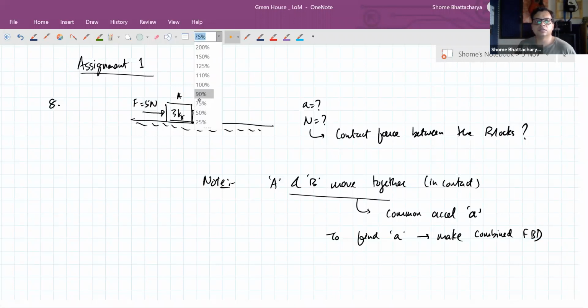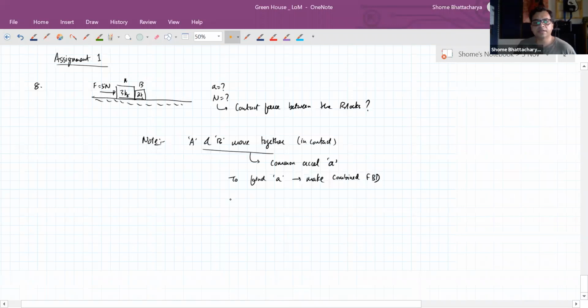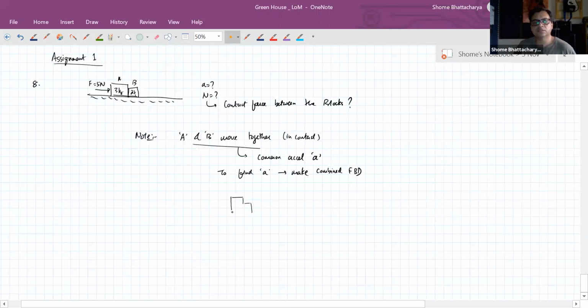So make a combined free body diagram. If you do that, that combined free body looks like this kind of a body, which is A plus B. So it is having a total mass of 3 plus 2, 5 kg. And on that we are applying a horizontal force F. There's a combined weight of mg, and there's a combined normal reaction Na plus Nb, which the floor is applying.